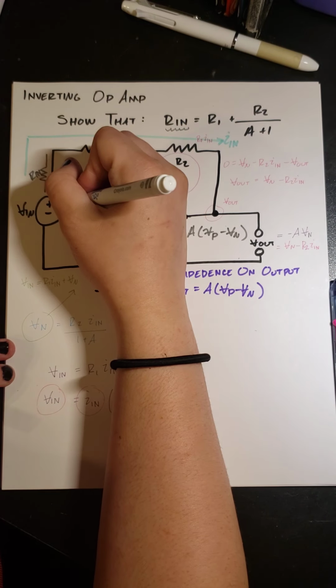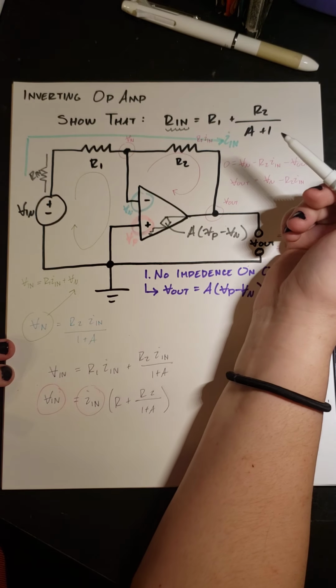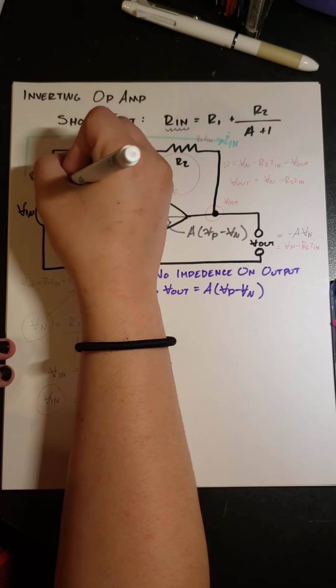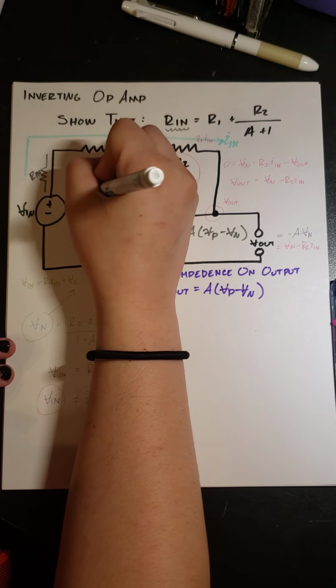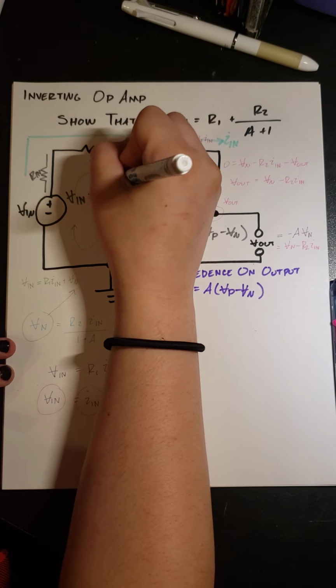We have the voltage, the resistance, and the current for it. So let's just say that Vn equals In Rn.